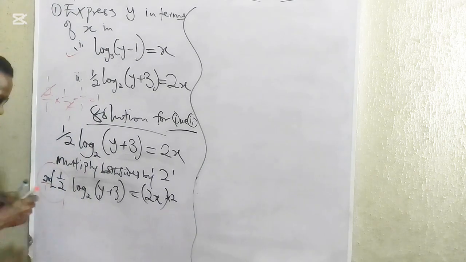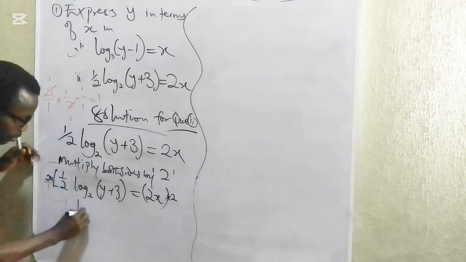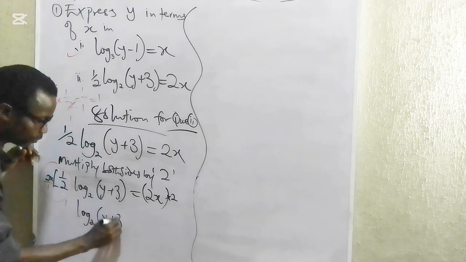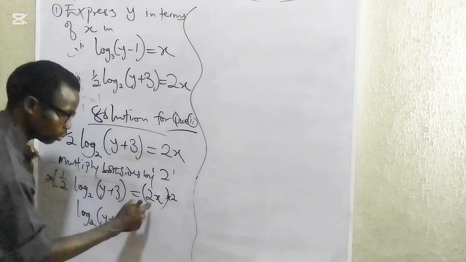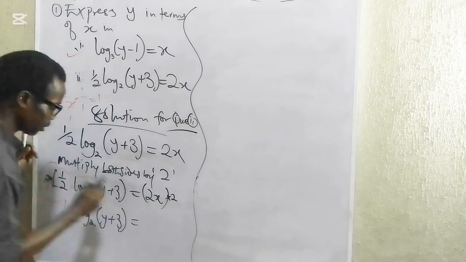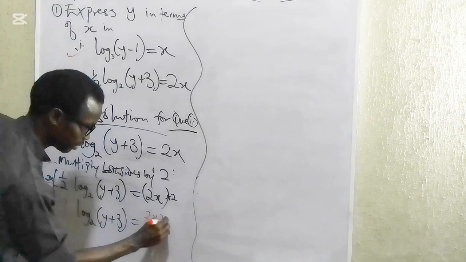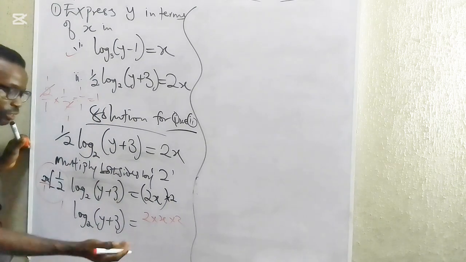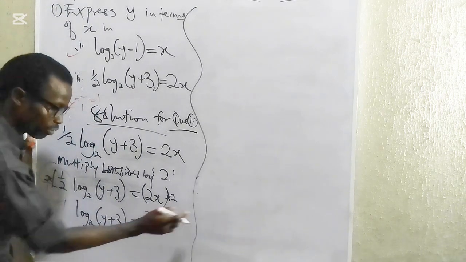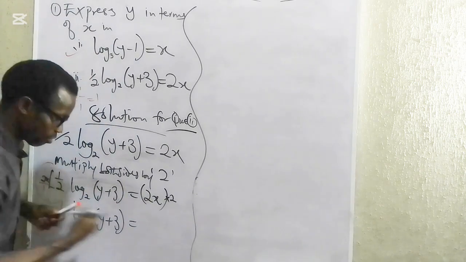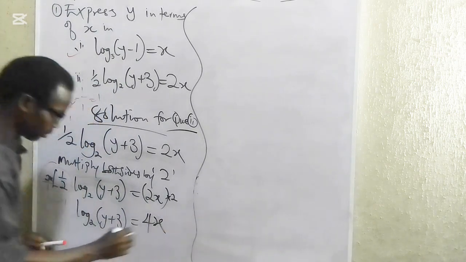So what we have here will remain log in base 2 of y plus 3 is equals to 2 times x. So what we have here is basically 2 times x times 2. So what is it? 2 times 2, 4x. So what we have here is going to be 4x.